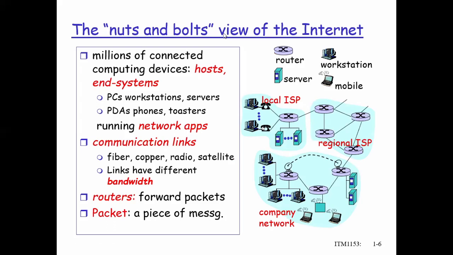We learned the different names of the different devices. If you see here, the routers, workstations, mobile computers, servers, that type of devices. Among them, some devices are core devices. For example, routers, switch, hub, access point, that type of devices we call core devices.